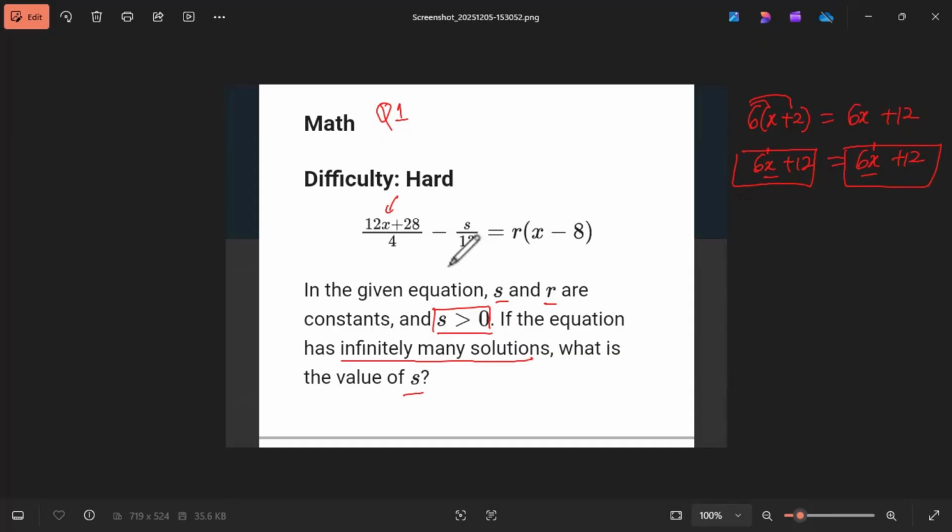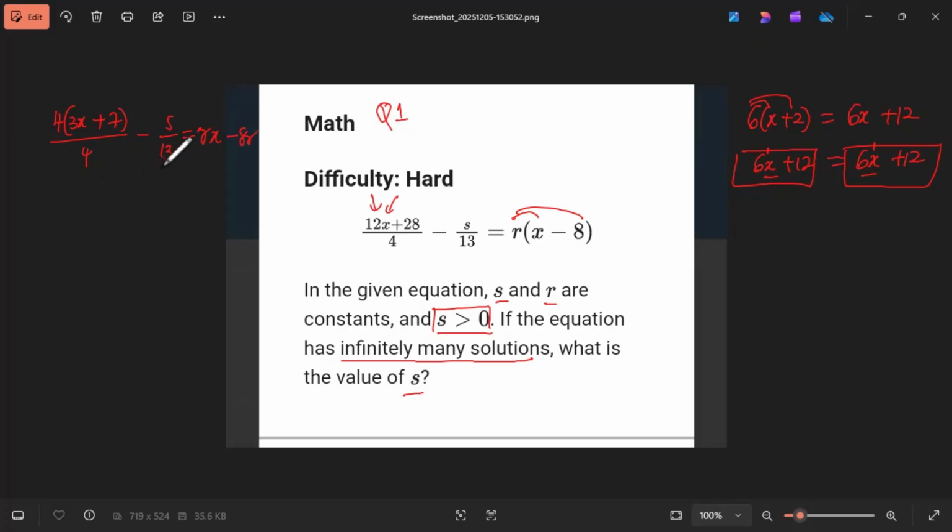The very first thing I would like to do is factorize. Let's factorize those. From this side, what is common? 4 is common. So if you factor out 4, you have 4 times 3x plus 7, all over 4, then minus x over 13, equal to, let's expand this, rx minus 8r.